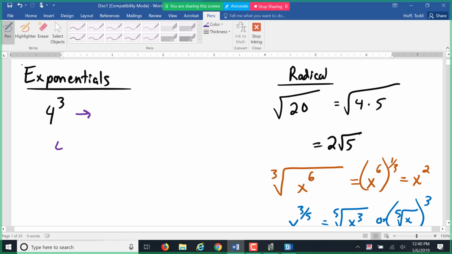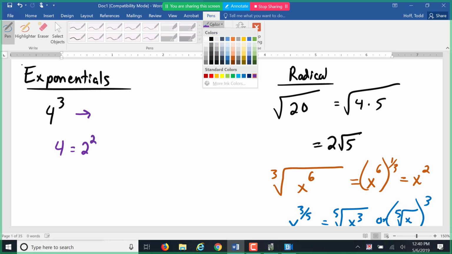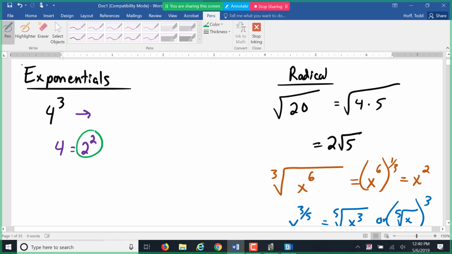Since 4 is equal to 2 squared, I can replace the 4 here with 2 squared. So instead of 4 to the power of 3, it is 2 squared to the power of 3. However, 2 times 3 is 6. That's 2 to the 6th power.